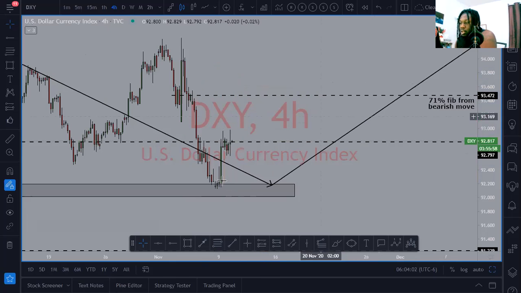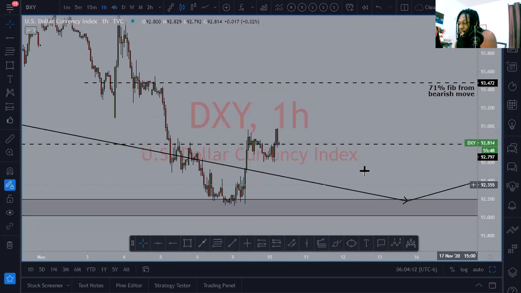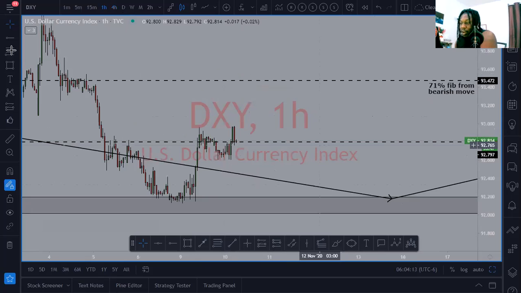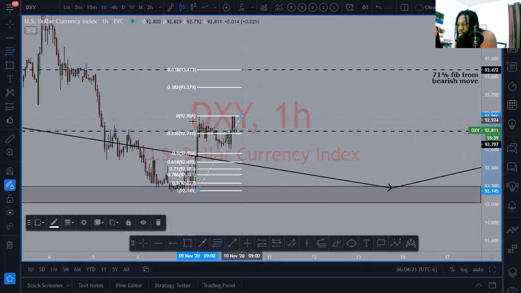Playing off of this bullish move right here, this is what I'm going to be looking for from the DXY. From this bullish move to the upside, we've got a double top.